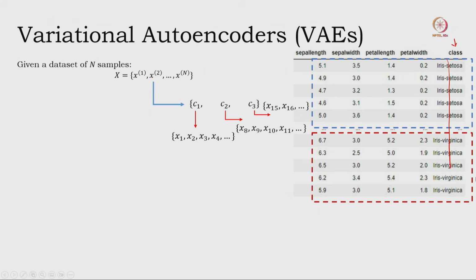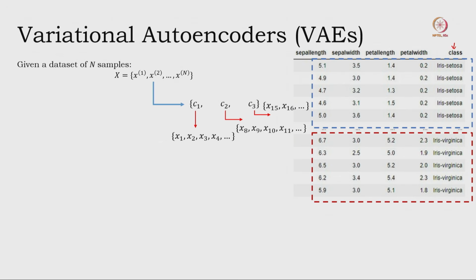You can understand that all of these points are together, all these points are together. So, although I am using the classes just for example's sake, VAE is an example of an unsupervised model.